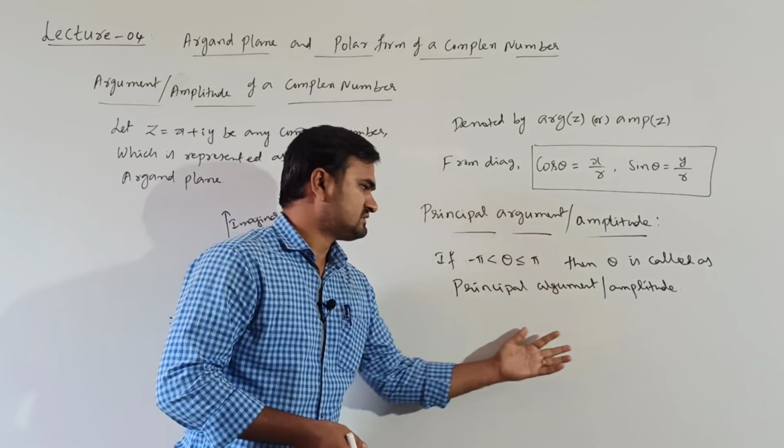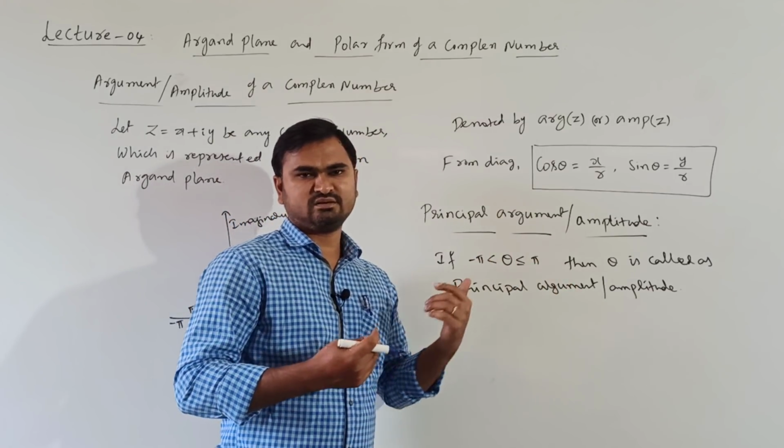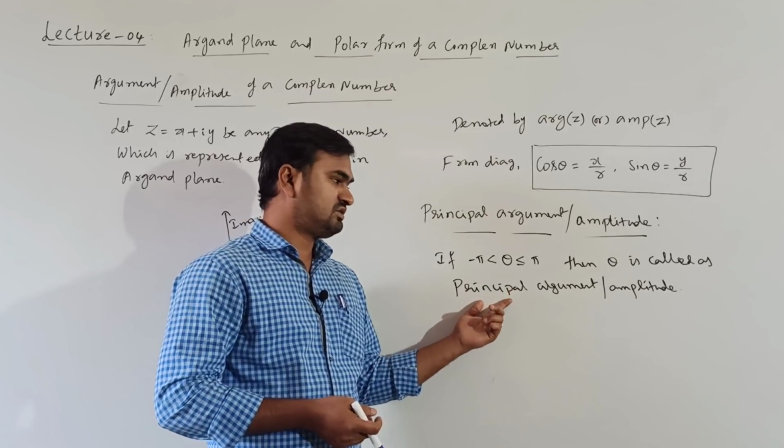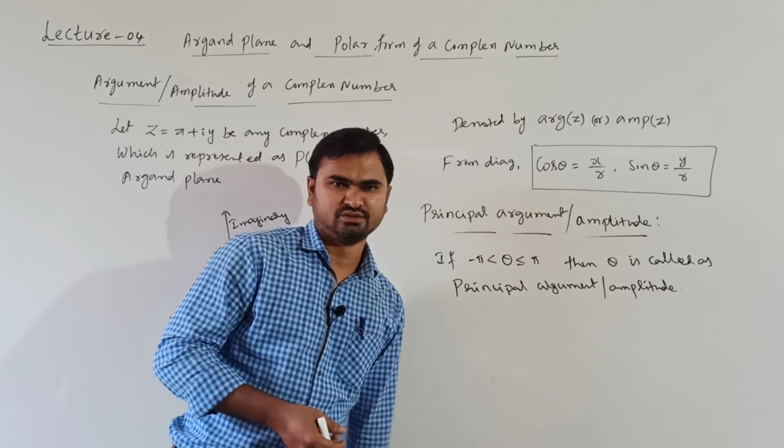Understand? So usually we take the angle in minus pi to pi only, whether principal amplitude is mentioned or not, always we take the angle in minus pi to pi only.